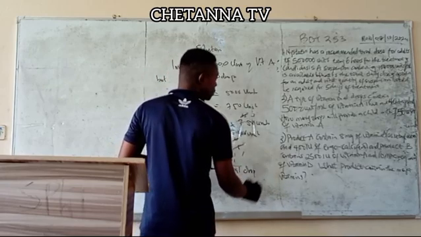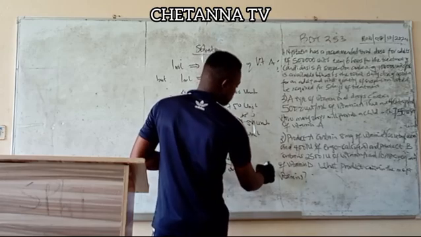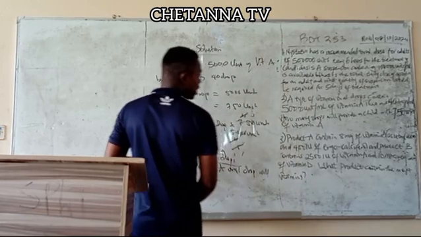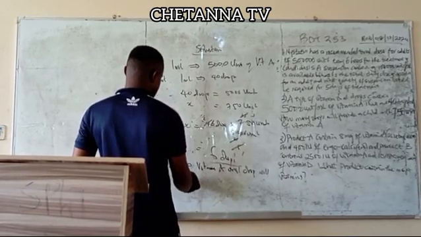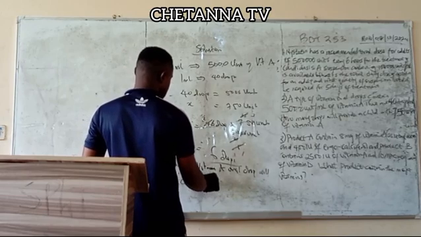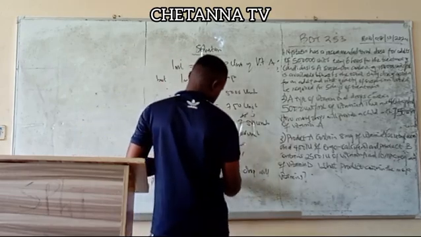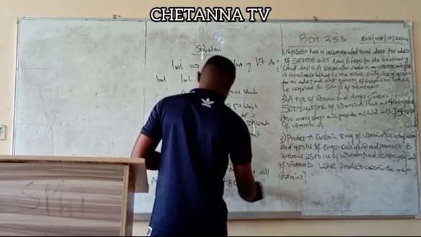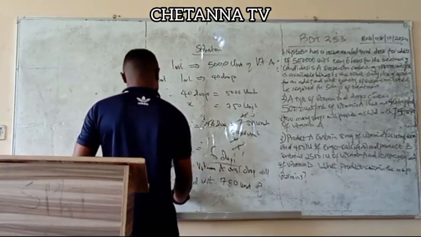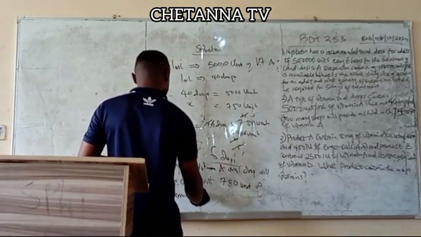You provide a child with 750 units of vitamin A.